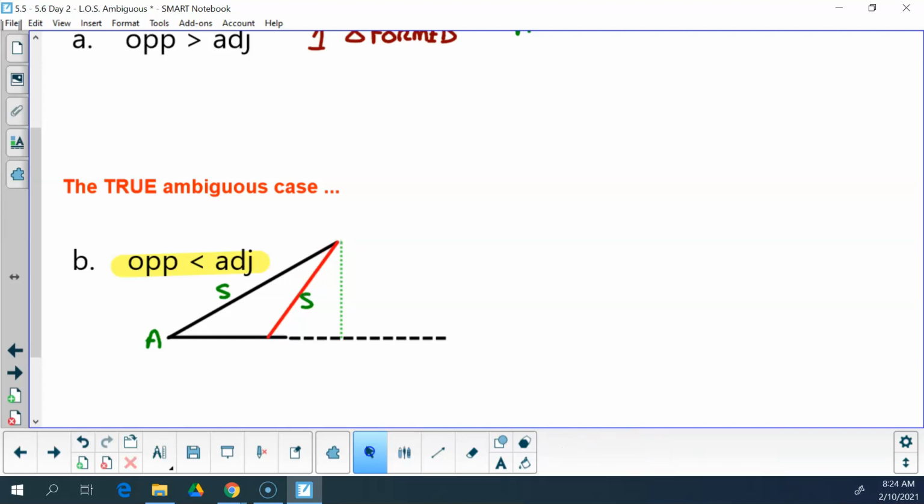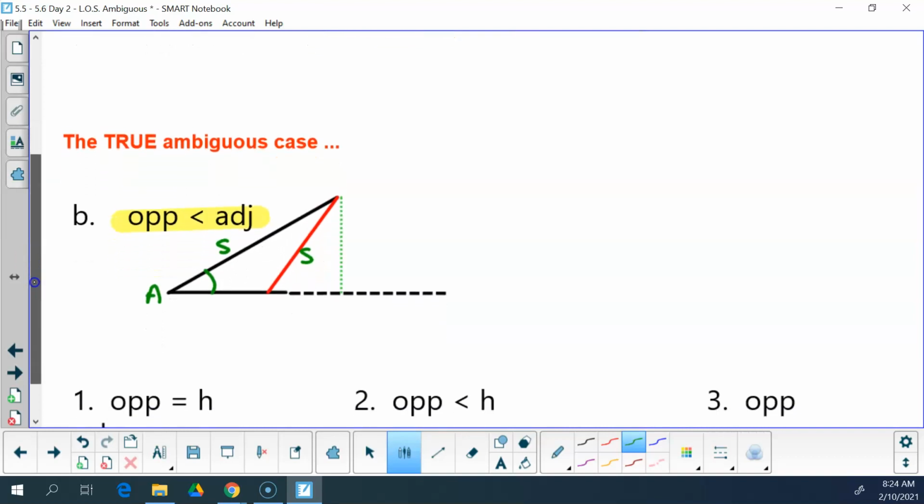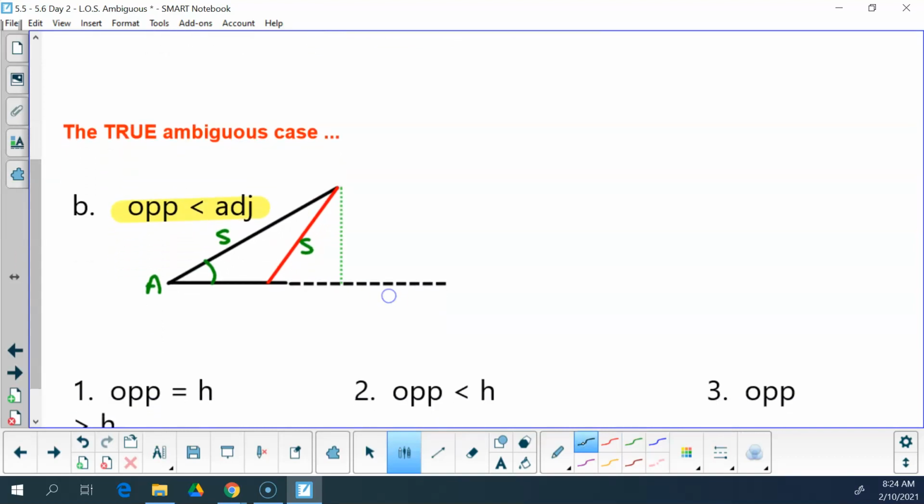So that's what we're looking at right now. And this right here, this is the height of my triangle, and that is going to determine what happens.